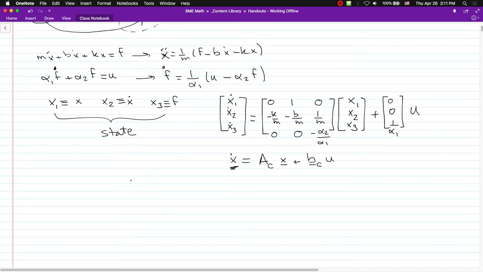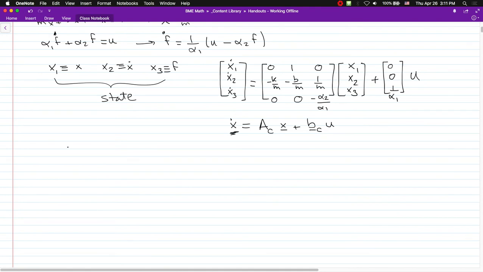All right, so now I want to write this in discrete form. So I say, well, I have x dot is equal to x at time t plus delta minus x at time t divided by time delta.